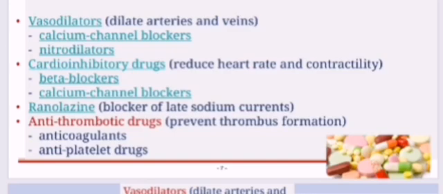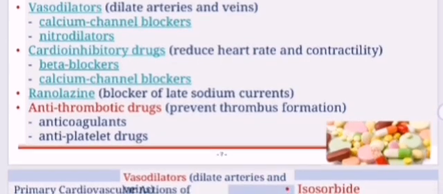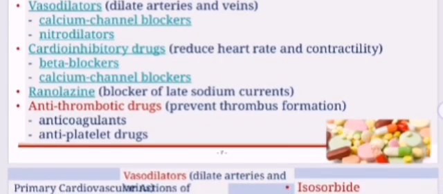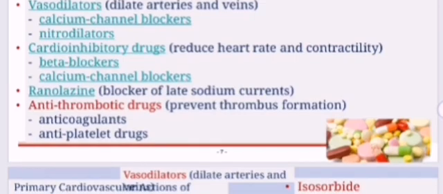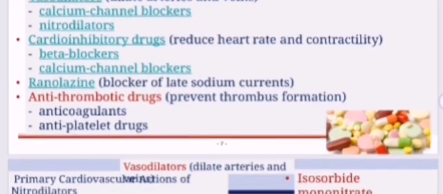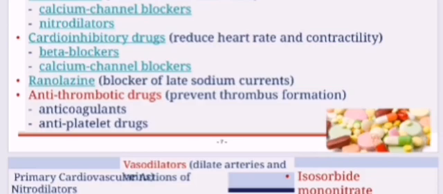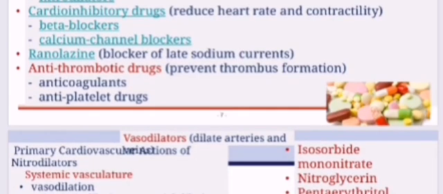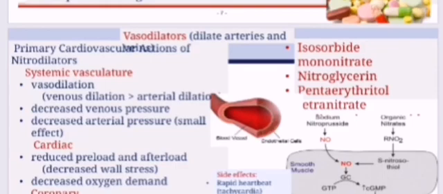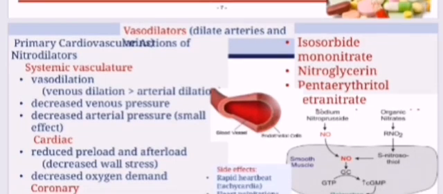Cardio-inhibitory drugs reduce heart rate and contractility: beta blockers, calcium channel blockers, and ranolazine, a blocker of late sodium currents. Antithrombotic drugs prevent thrombus formation: anticoagulants and antiplatelet drugs. First of all, vasodilators dilate arteries and veins.